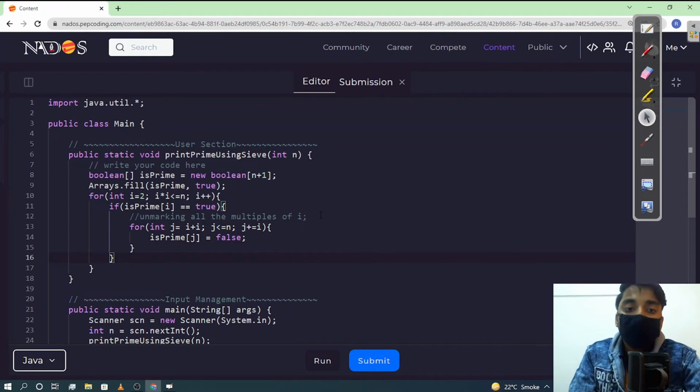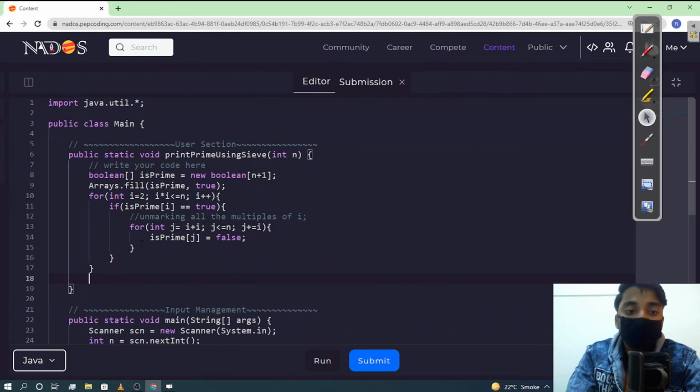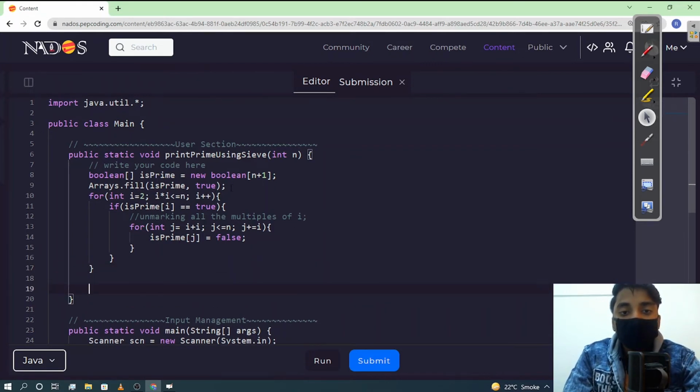So this means if i is 2, all the multiples of 2 will be unmarked as false till n. If 3, all the multiples of 3 will be unmarked as false. If 4 is already unmarked as false, this condition will not run. And for 5 it will be true, so it will unmark all the multiples, and so on. Now this is the pre-calculation part.